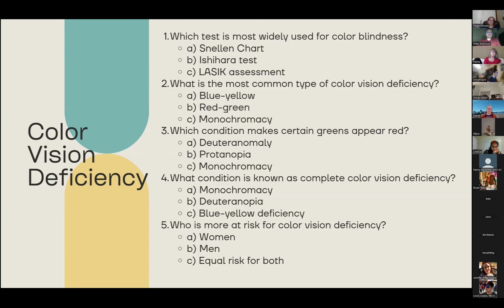Same thing, if it's an anomaly, they still have use of the green, but it's dysfunctional. And opia means that it's completely non-functional. And then tritanomaly and tritanopia are again the third color cone, which is the blue. So RGB again, and same thing. Anomaly means they have use of it, it's just not as strong.